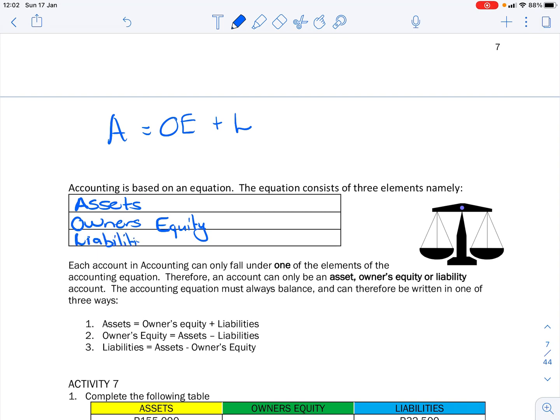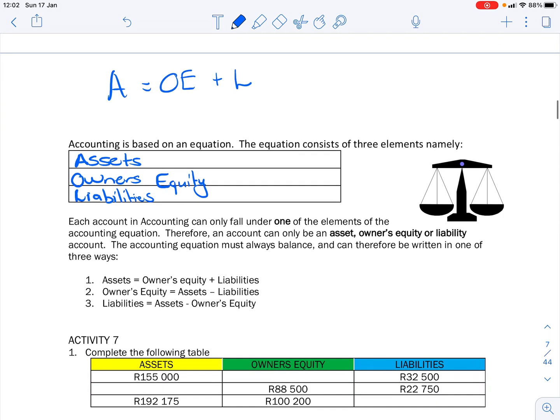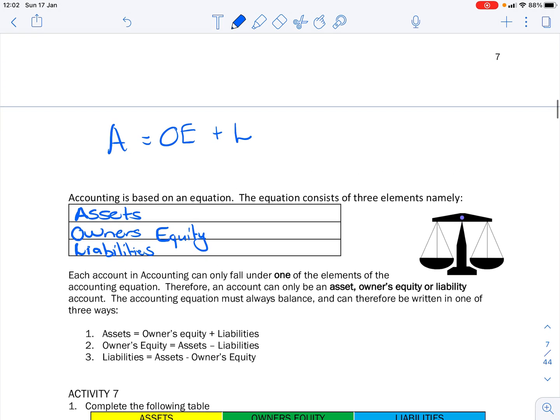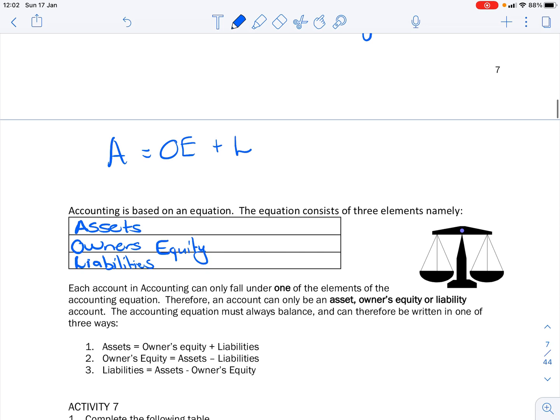So these are the three elements of our accounting equation. Now, each transaction can only fall under one of the elements. Each account can only fall under one of the elements.